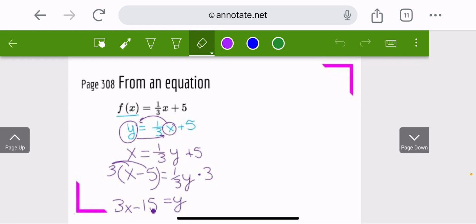So all I have left to do is put it back into our inverse function notation. So we took our f function and we made the inverse of our variable x. And we get 3x minus 15. We're just changing our y back.